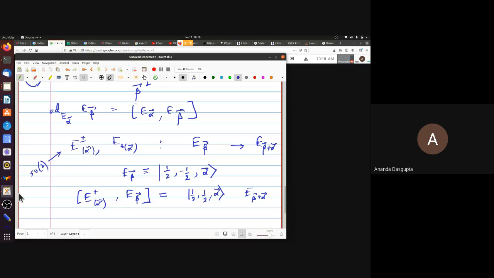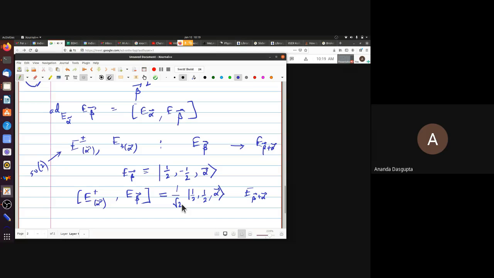Come on, SU2 spin half is the easiest in the world. The factors are also easy. You should sort of memorize them. 1 by root 2. Okay, anybody with a difference of opinion? None. Yeah, it is 1 by root 2. Well, it would have been 1 in the standard SU2 that you had learned. That's why I said it's the easiest in the world, right?